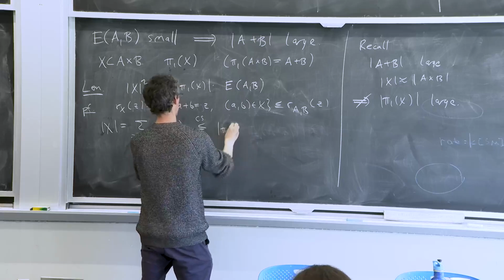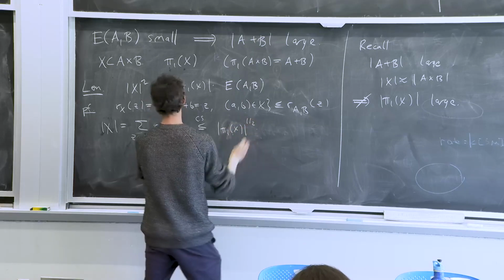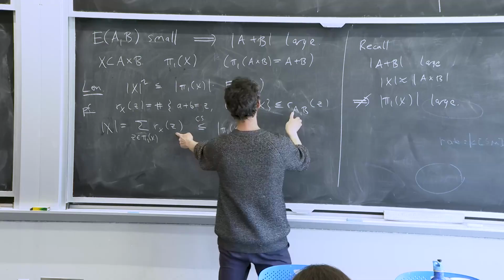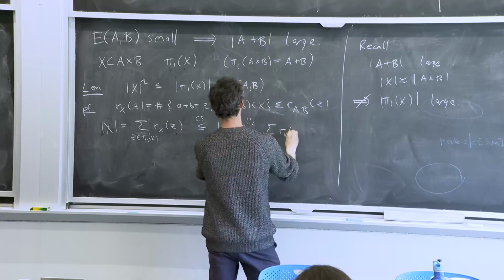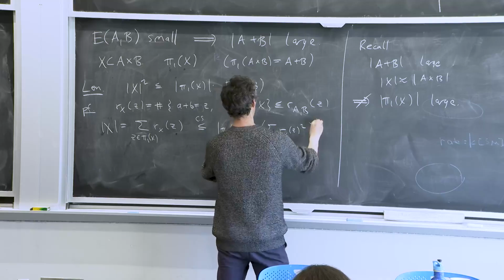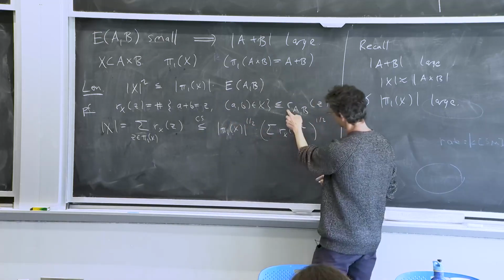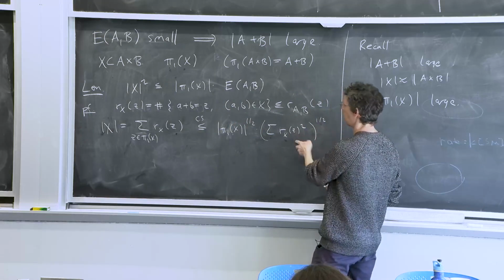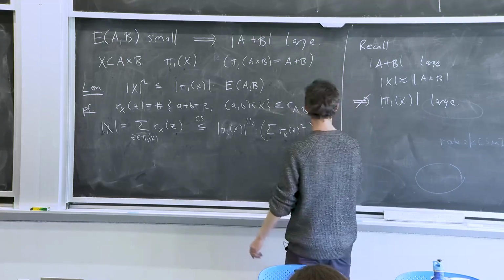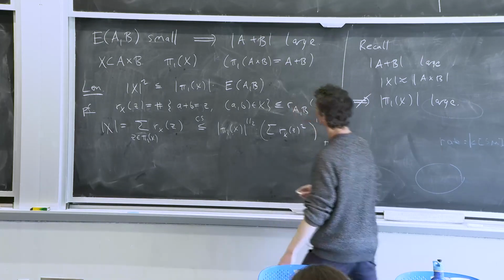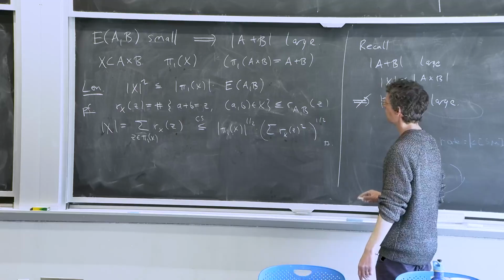times a kind of energy thing, which is smaller than the standard energy. So we have the sum of Rx of z squared, to the 1/2. That's smaller than the sum of Rab of z squared, to the 1/2, which gives us the energy. OK, cool.